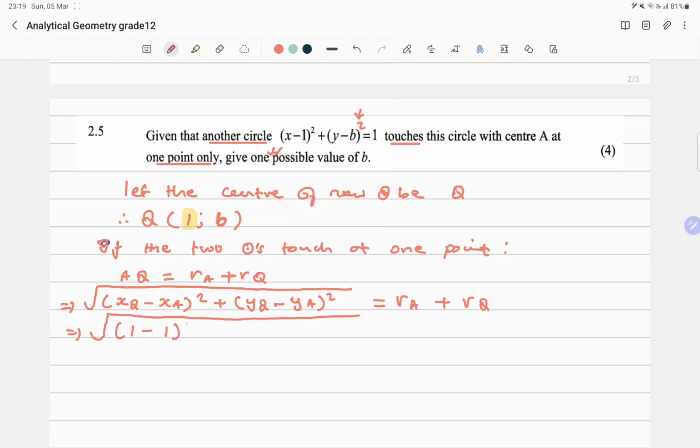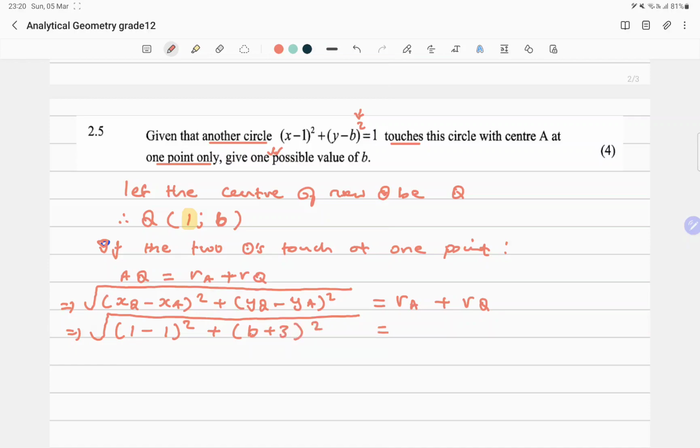Do you see why this one disappears? And then we get to this one. This becomes b, minus, this one was a minus 3, so it becomes a plus 3.